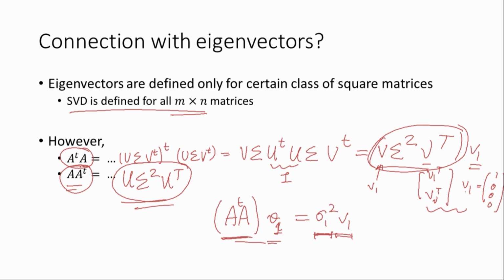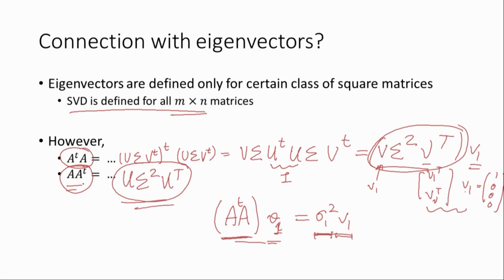While the matrix A might not have an eigenvector decomposition, because it's not a square matrix, if you look at the matrices A transpose A and A A transpose, you can define the singular vectors in terms of their eigenvectors. And that is important.